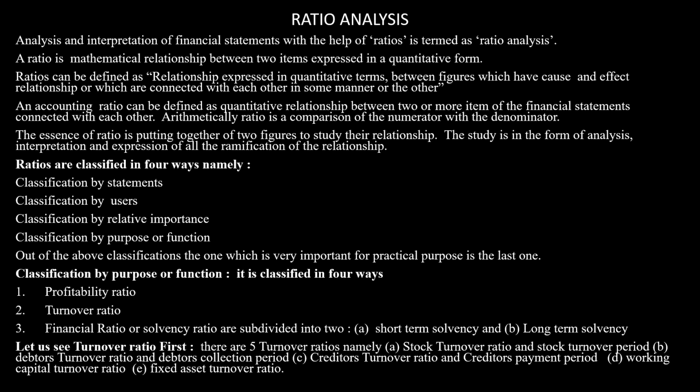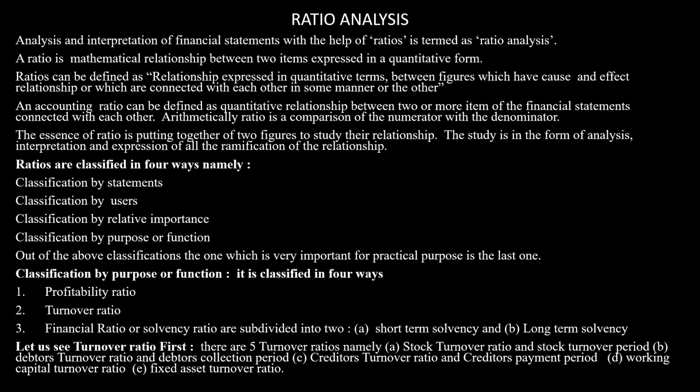Is it clear? So we're going to compare two related items. An accounting ratio can be defined as a quantitative relationship between two or more items of the financial statements connected with each other. An arithmetical ratio is a comparison of numerator divided by denominator. In other words, you're going to do numerator by denominator, a division.